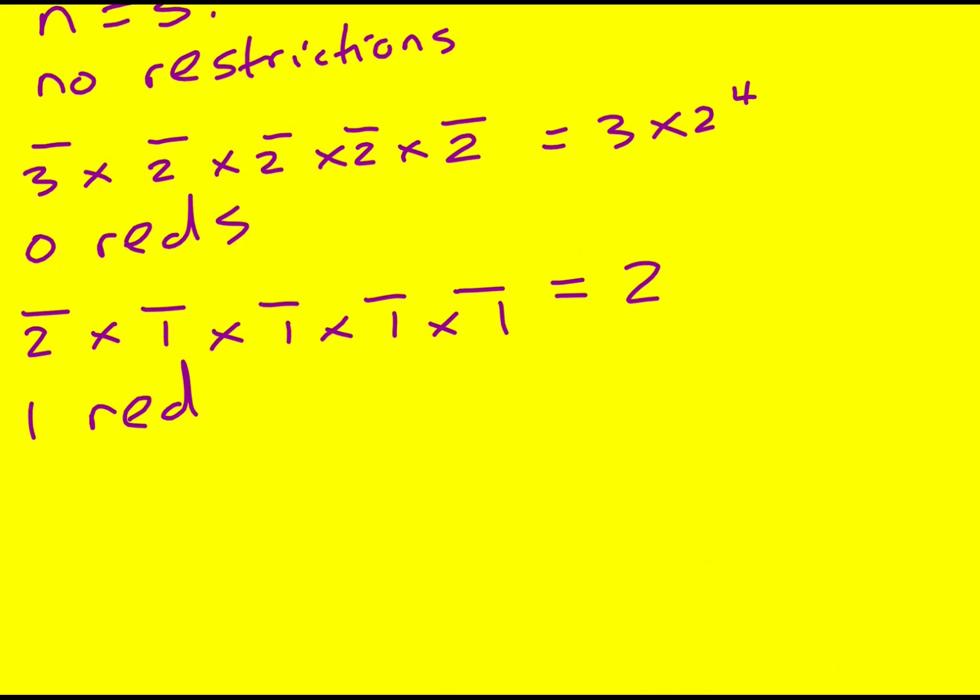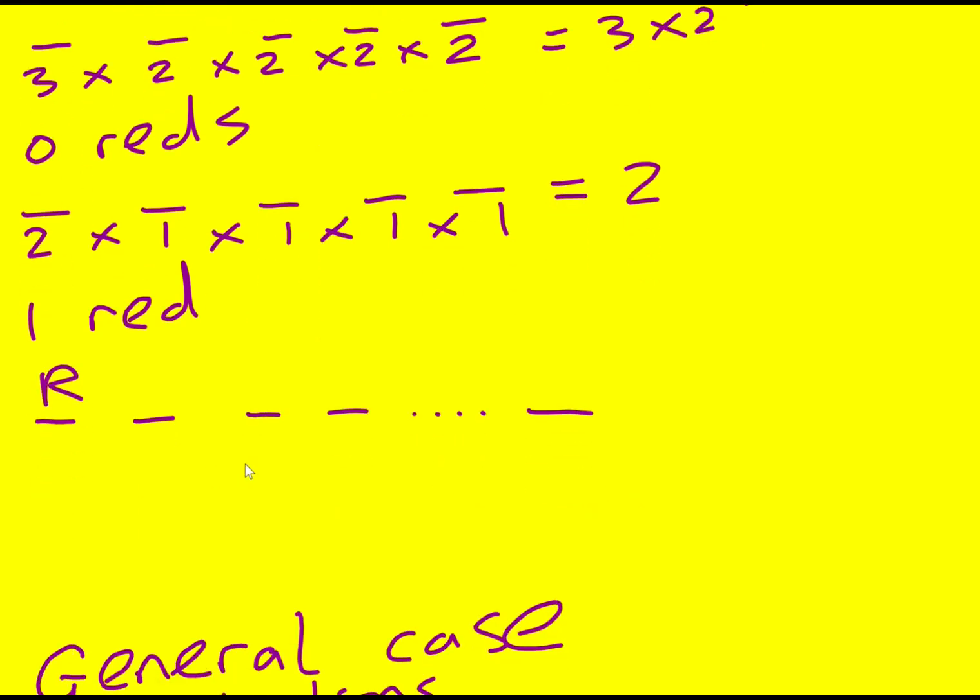Okay, 1 red. Right, let's look at the situation where red is at the end. So I put red at the end, and then there's going to be 2 options here, and then it's just going to alternate.